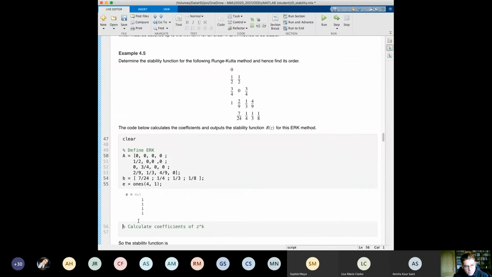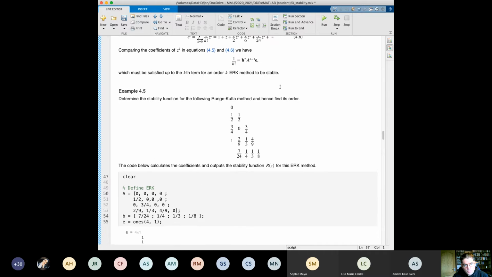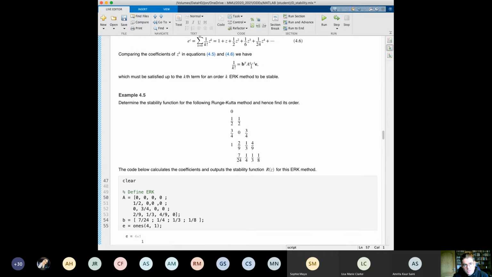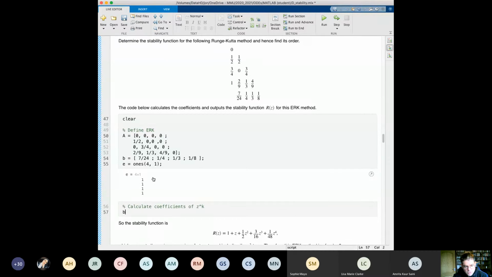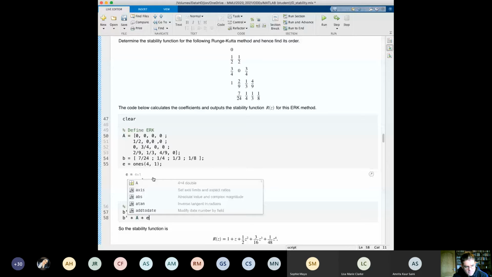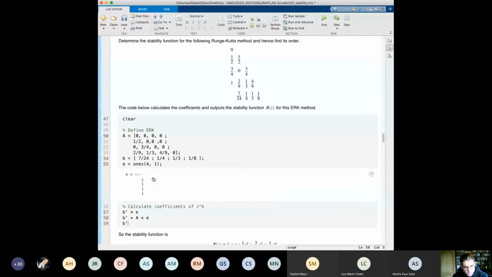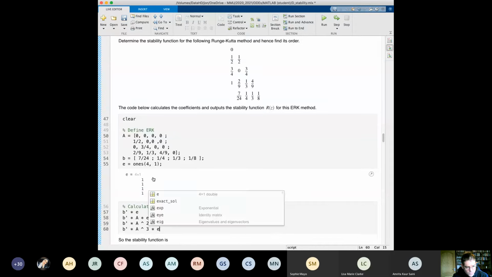The general form, whatever k is, is b transpose times A to the k minus 1 times e. When k is 1, we just have b transpose times e. When k is 2, we have b transpose times A times e. When k is 3, we have b transpose times A squared times e, etc. It doesn't matter how long you go on doing these, eventually you'll get a value of 0.